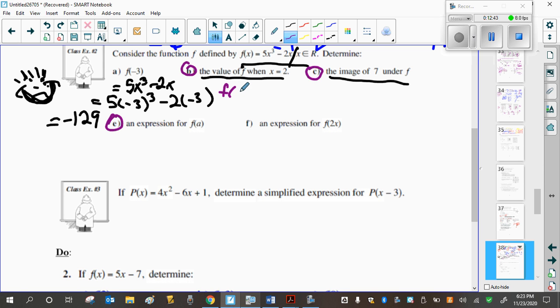Okay, that's all this means. And now you look at C, and yes, that is correct. It is asking you to find f of 7. So sometimes I could ask you like that.